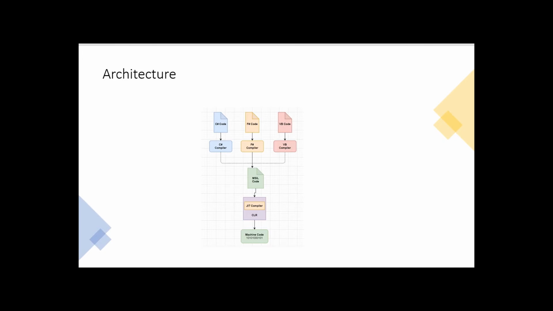Once the MSIL is generated, the CLR converts the MSIL into machine code so that the system can understand and execute the code. There are some other components like the JIT compiler and assembly that play an important role in code execution. On the next slide we will see some information about these components.